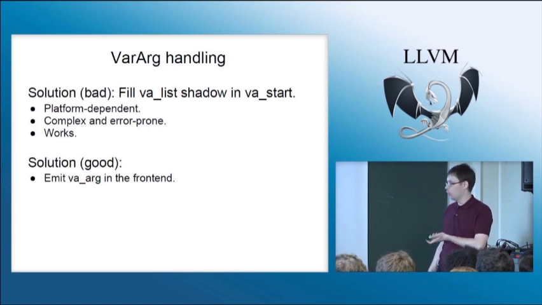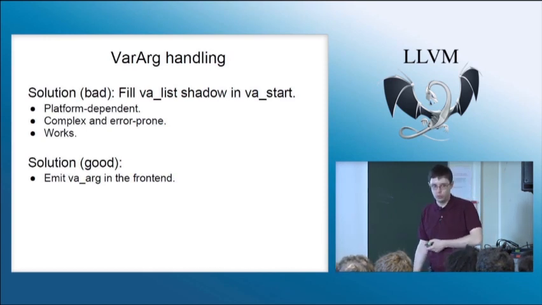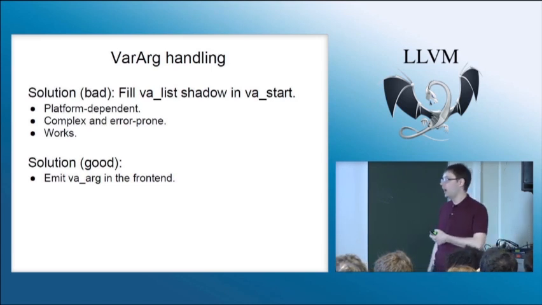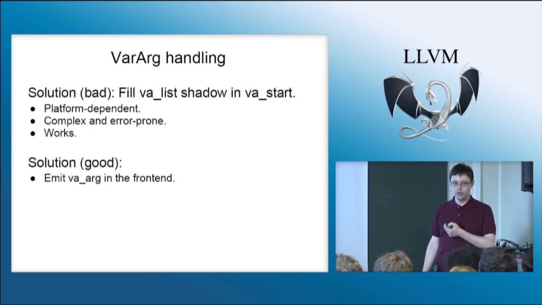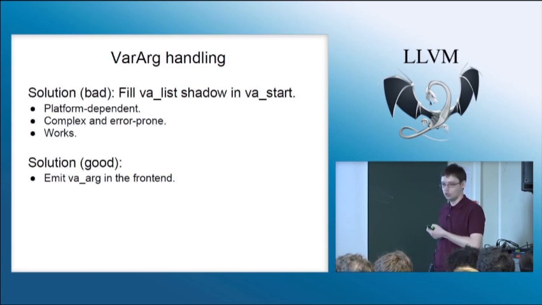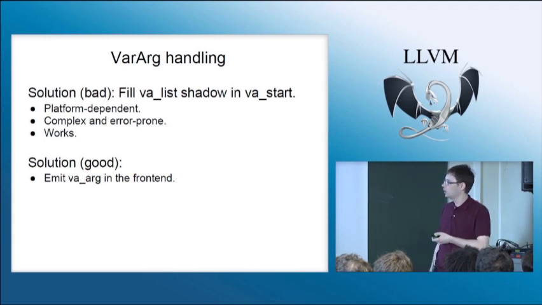It is obviously platform dependent. I'm pretty sure that we did not handle all cases completely correctly, but it works for now. We haven't had any problem with that. Ideally, we would like front ends to not lower VAArg and just emit it as is, but apparently some backends cannot yet support this.